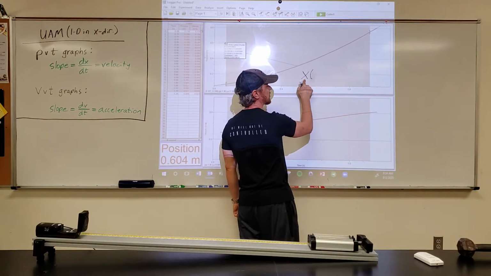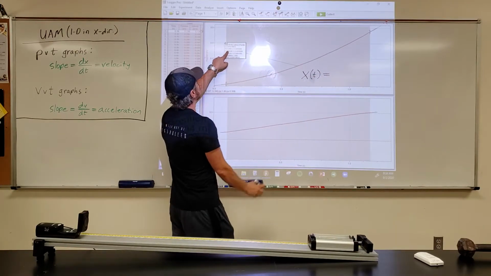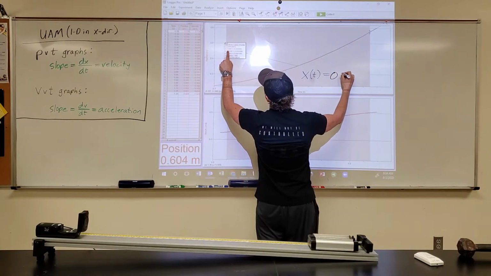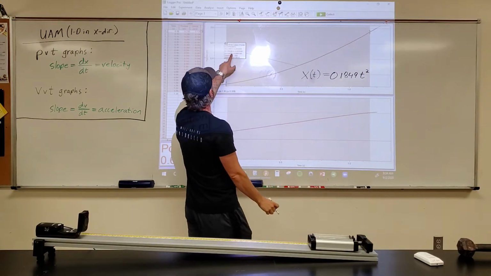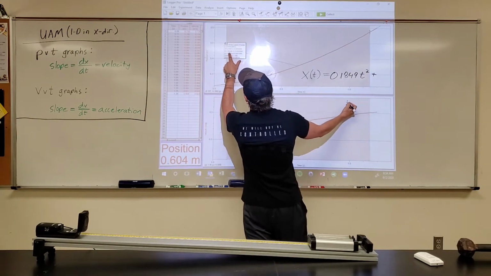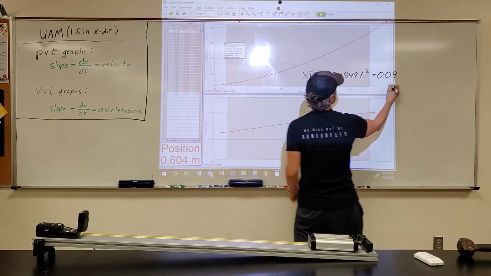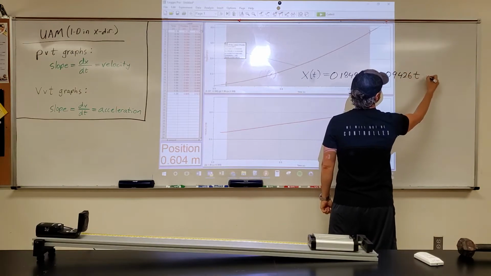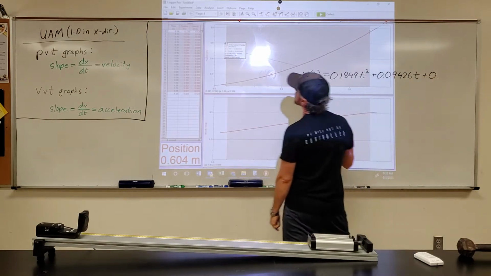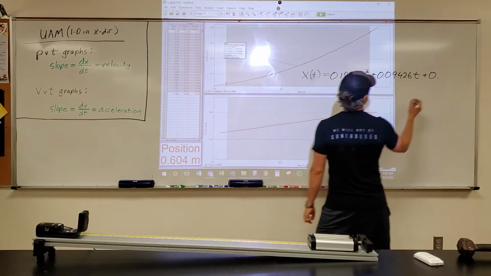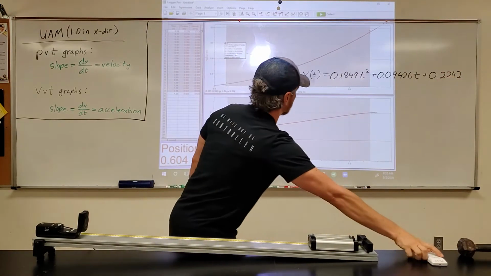So now we have our position in the x direction as a function of time will equal, and what I got here is 0.1849 t squared plus 0.09426 t, and then plus 0.2242. So that is our equation for this particular parabola.